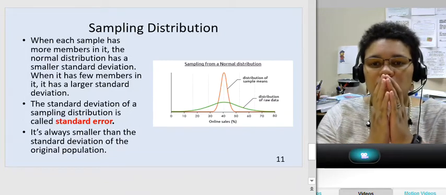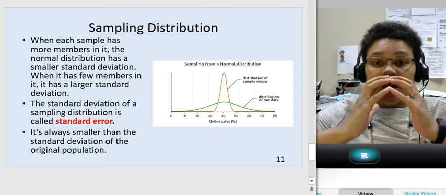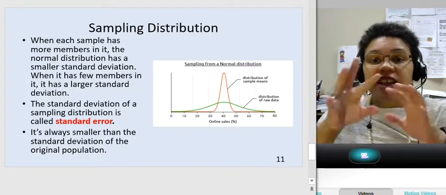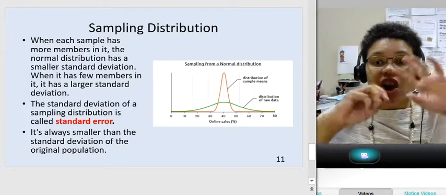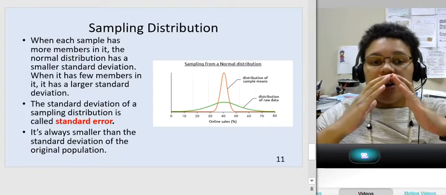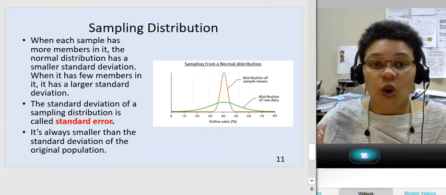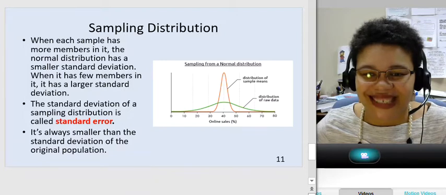So we have a bigger standard deviation for our population distribution than for our sampling distribution. And the more individual records there are in each of our samples, the smaller the standard deviation, or standard error in that case. Isn't it kind of freaky?